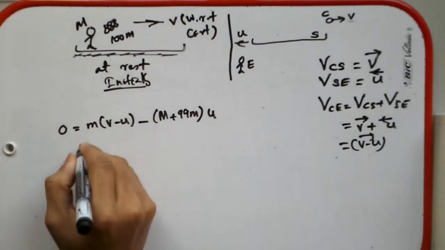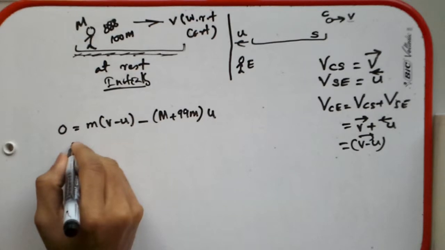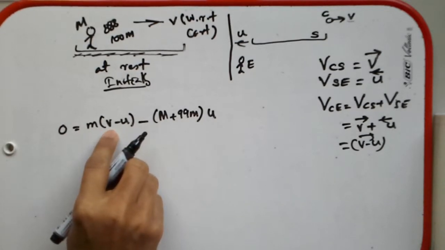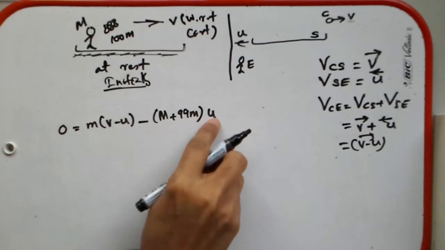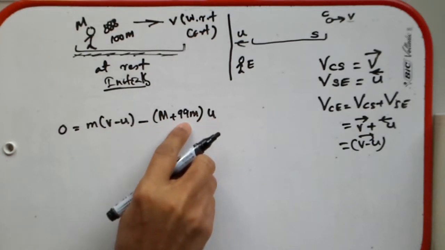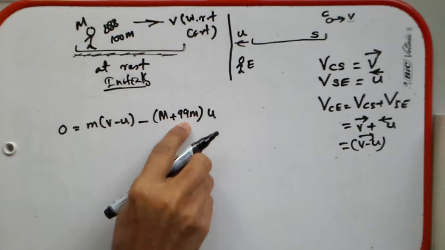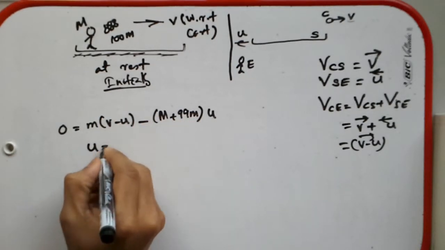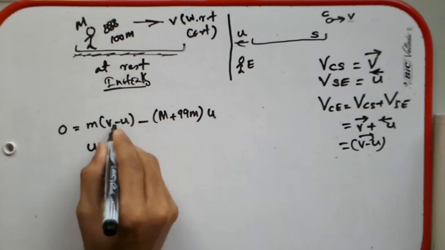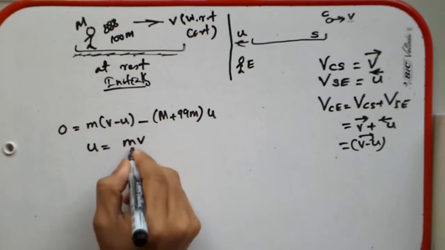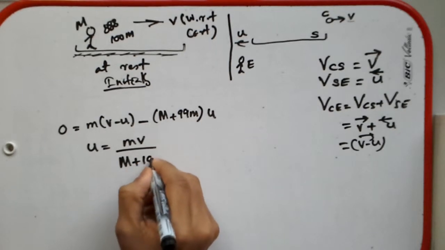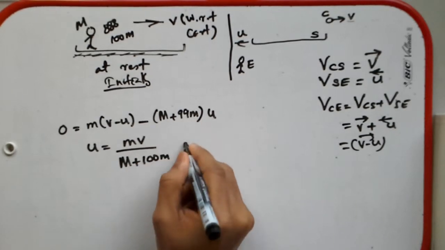This is 0 equals mv minus, here you are getting 99 m... so you will get u equal to minus mv divided by big M plus 100 m.